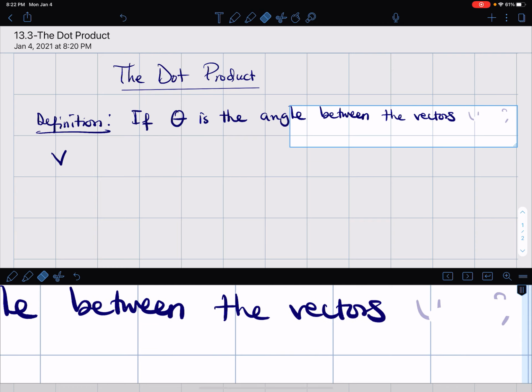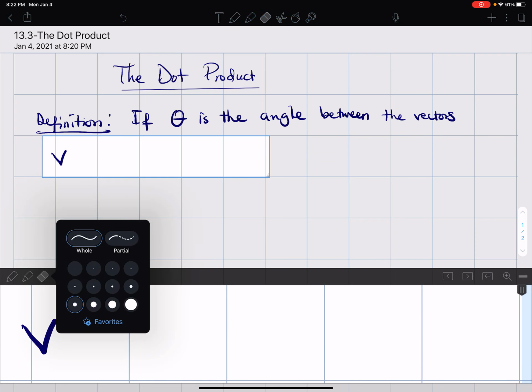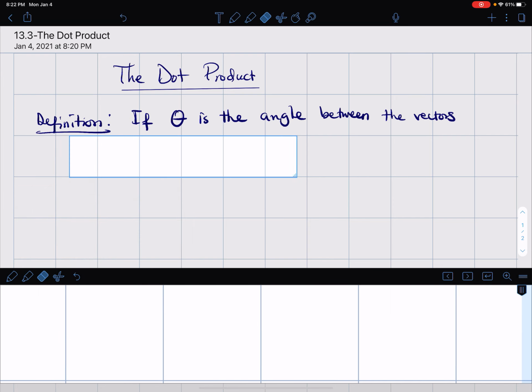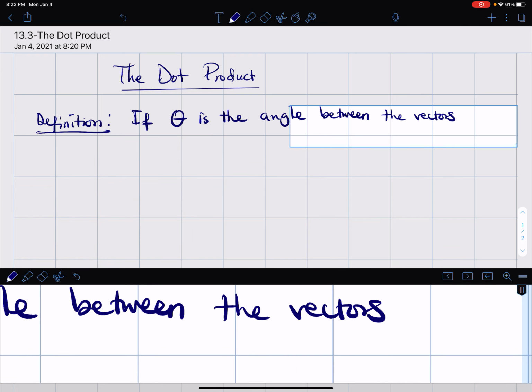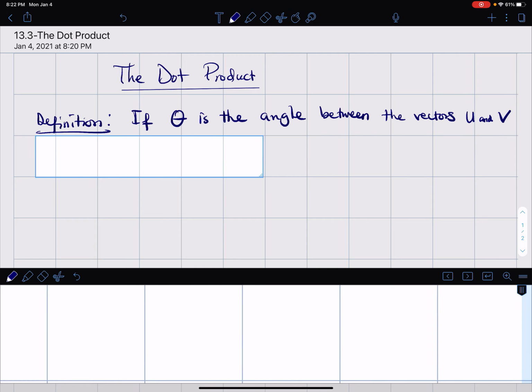let's do this. I'm going to fit it in here. U and v. So what am I talking about? So I have this angle, or this vector. This is vector u, and this is vector v, and let this be theta.